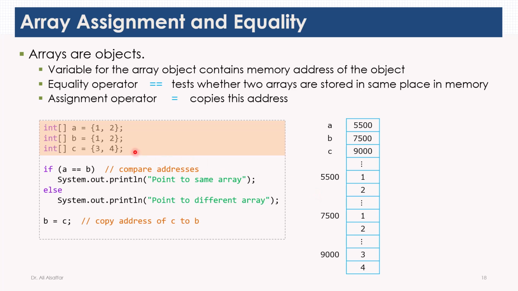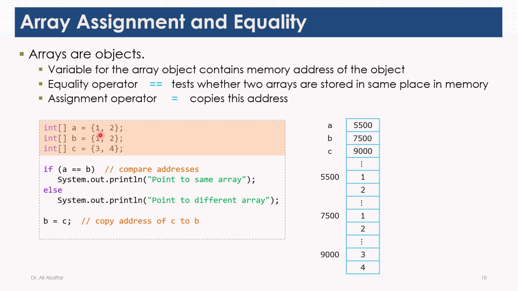And assume that the array B is also saved in the memory in a different place, at address 7500. And for the third array, assume that it is saved at address 900. Anytime an array is created, it is placed in the memory and it will have an address. Now what is A holding? A is holding the address of the array.